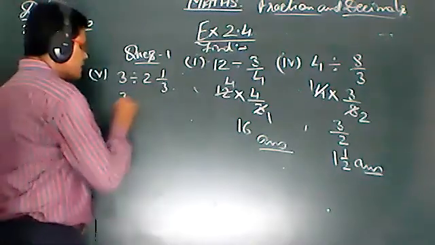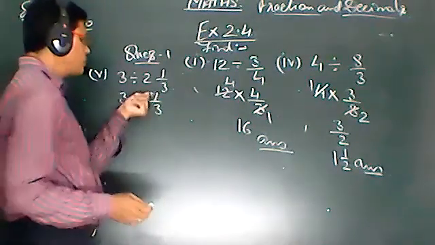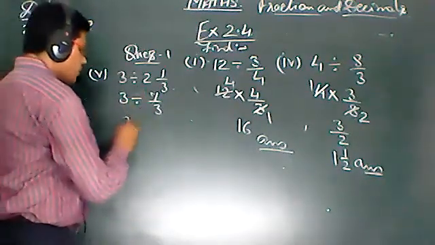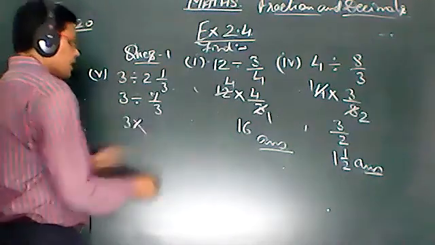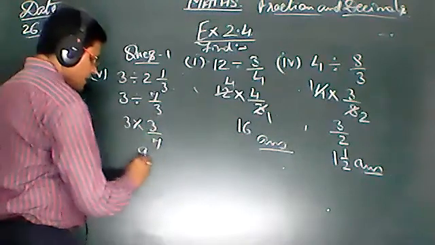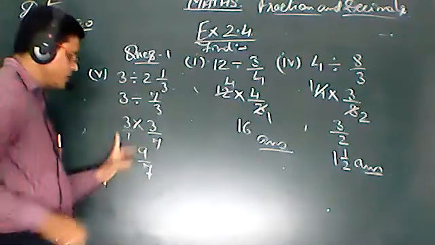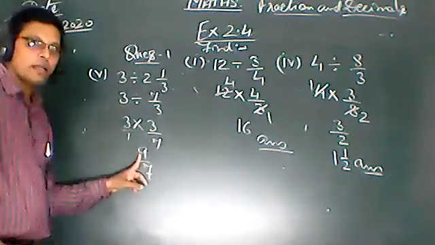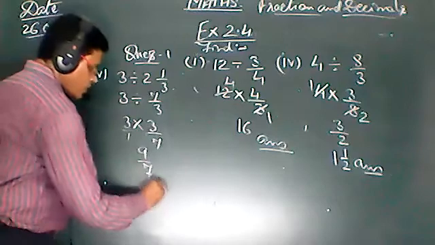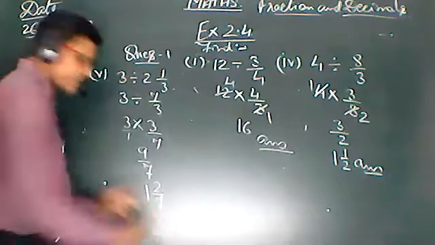So first we write 3 divided by, 3 2s are 6 plus 1, 7 by 3, and then you convert this number to its reciprocal, and the sign changes to multiplication, and 3 by 7, and now 3 3s are 9, 9 by 7. This number's denominator is 7, and it is improper form. Then we convert into a mixed fraction, 7 1s are 7, remainder comes 2 by 7. That means 1 whole 2 by 7, and that is our answer.